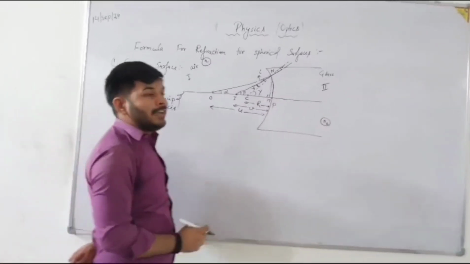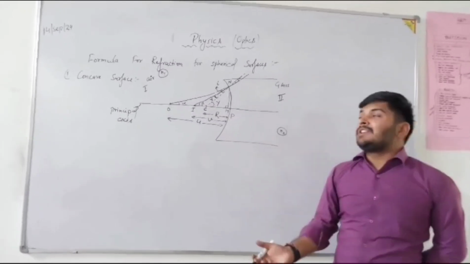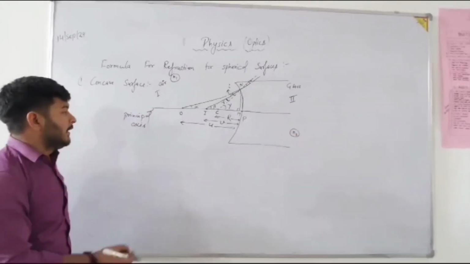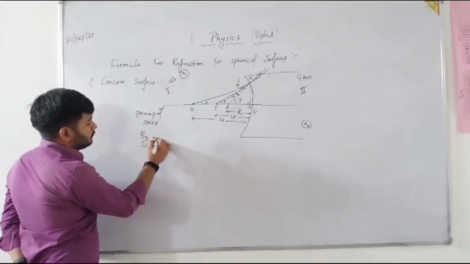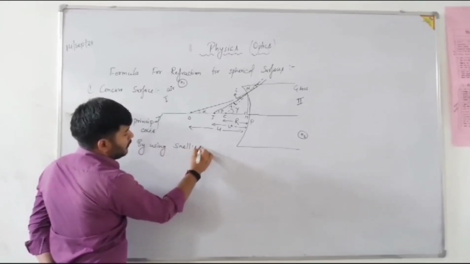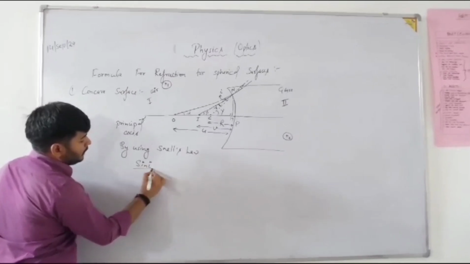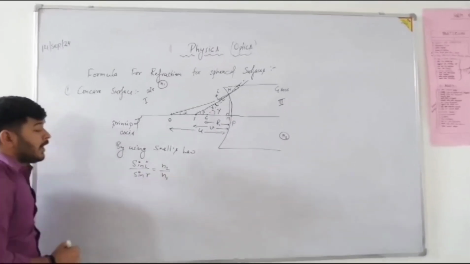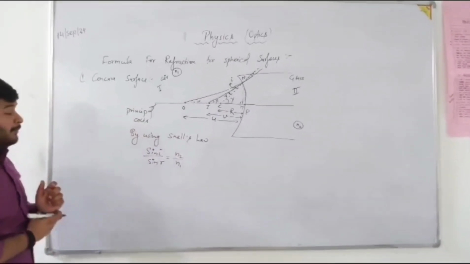Since this is the phenomenon of refraction, we know there are two laws of refraction. First is that the incident ray, refracted ray and normal all lie in the same plane. And second one is Snell's law, which is sin I upon sin R equals N2 upon N1. N2 is the refractive index of the second medium and N1 is for the first one.